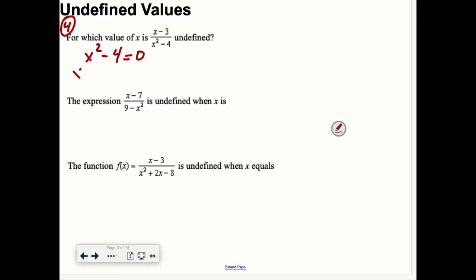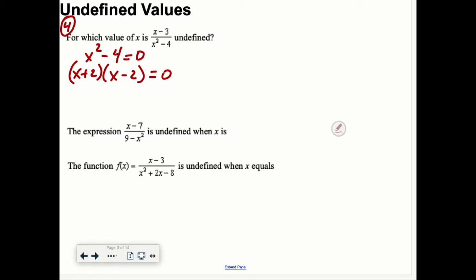That means that it's x plus 2 and x minus 2 equals 0. We're going to need a bit more room here, which means I can say x plus 2 equals 0, x minus 2 equals 0. So x equals negative 2, and x equals positive 2. So this has two values that make this expression undefined.